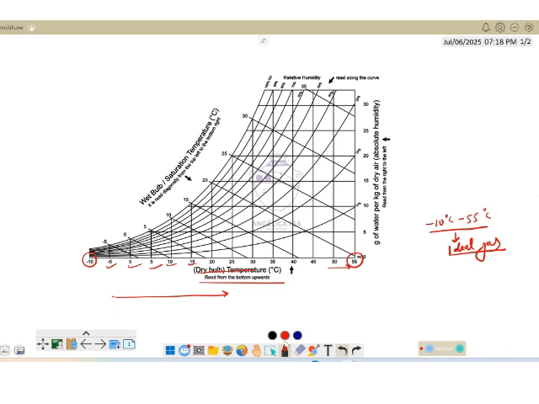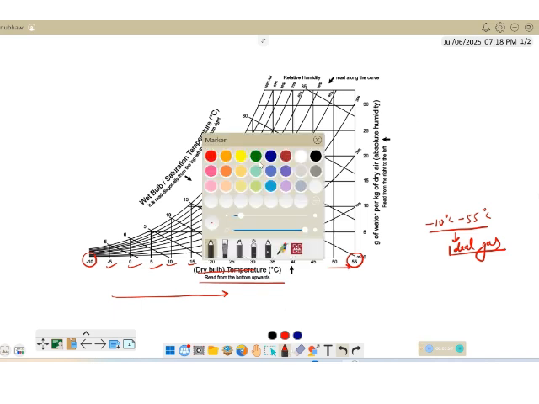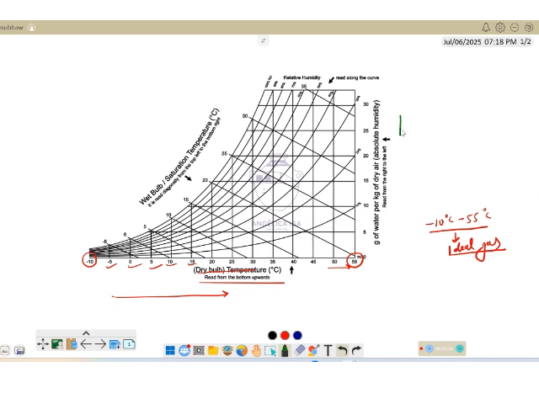The y-axis is represented by the absolute humidity, and it is represented by omega.